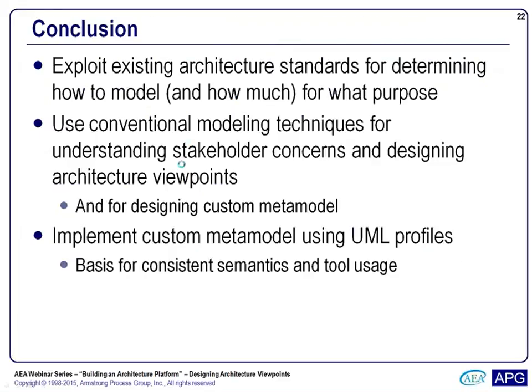So those are just a couple of simple examples of how we can deliver custom architecture content in many different ways: diagrams, catalogs, and matrices, based on a custom Metamodel designed to address the concerns of a specific set of stakeholders.